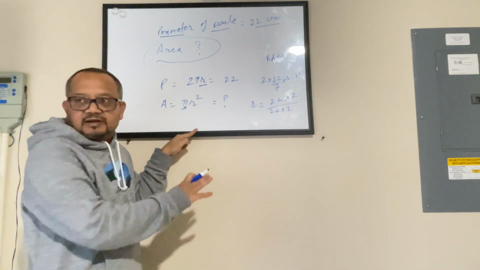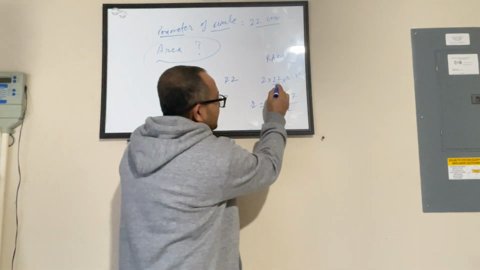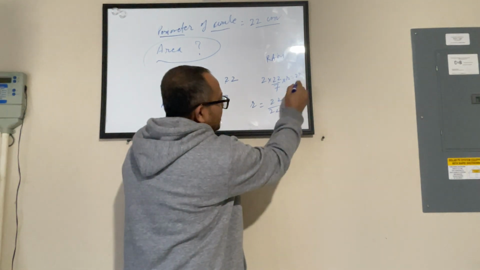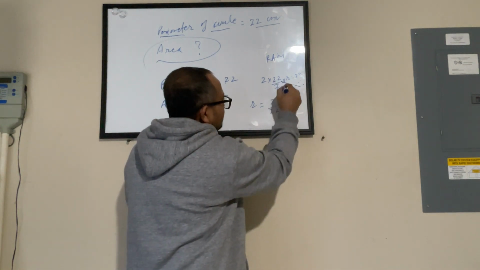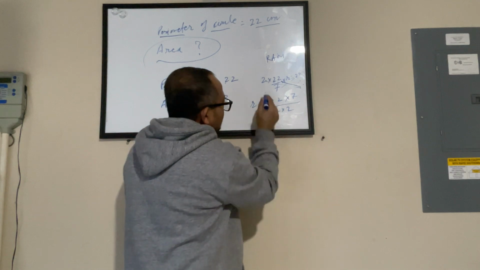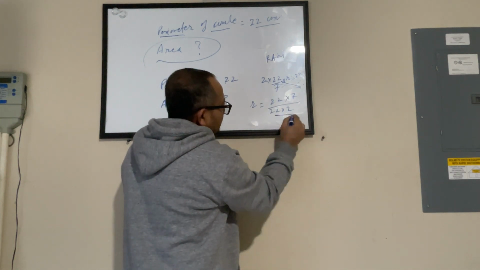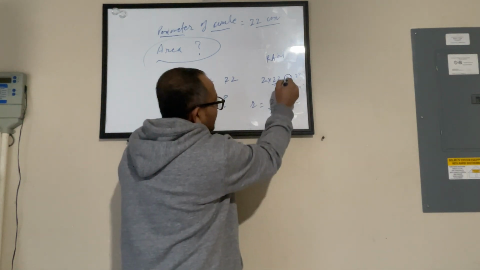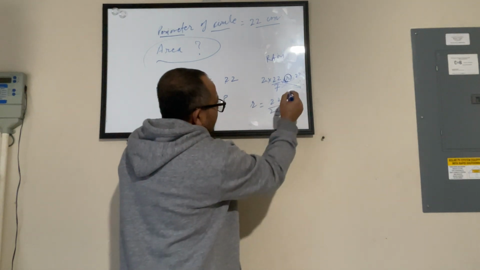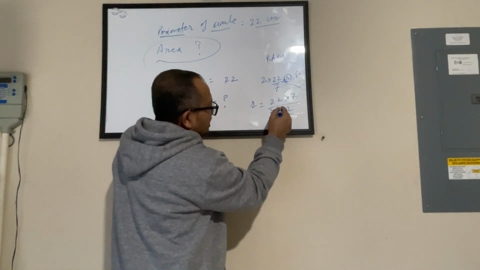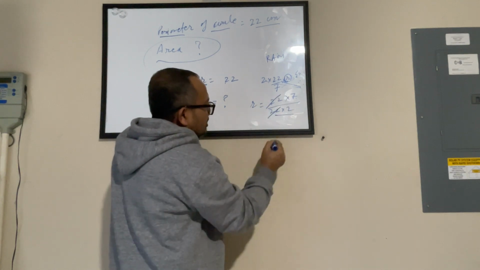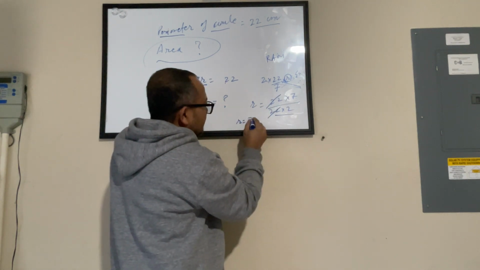Whatever is in the numerator comes down as denominator when it crosses over, and what was in the denominator goes up. So 22 and 2 came down, it became the denominator, and 7 goes up. Tic-tac-toe, 22 and 22 gone. My radius is equal to 7 by 2.